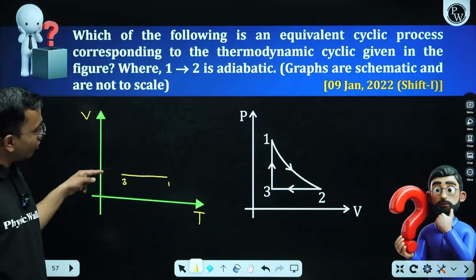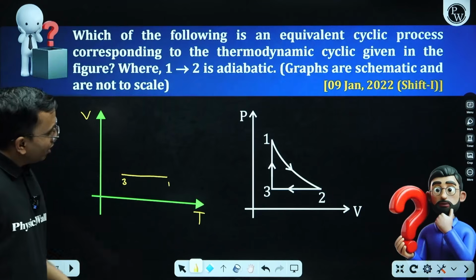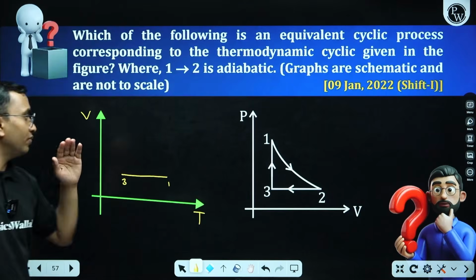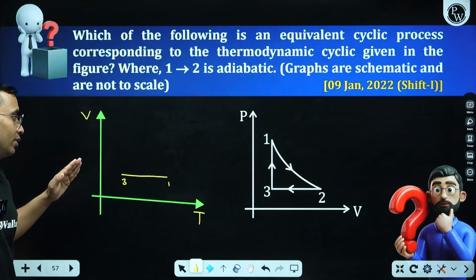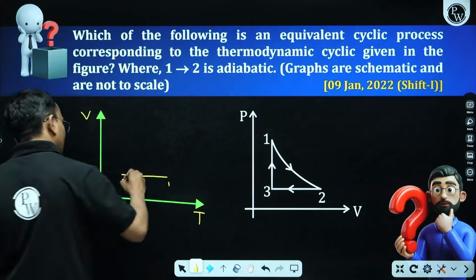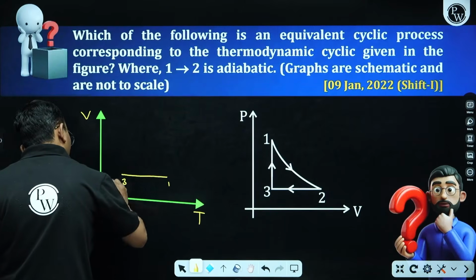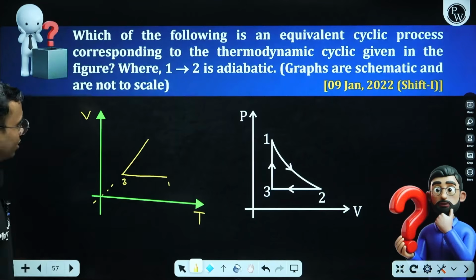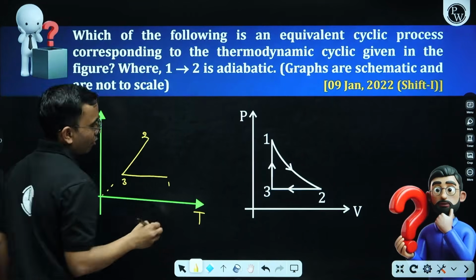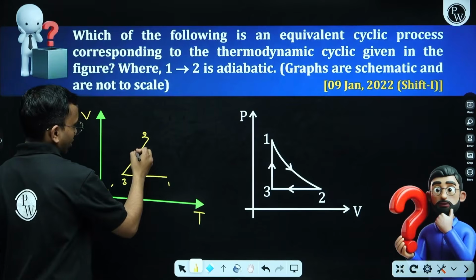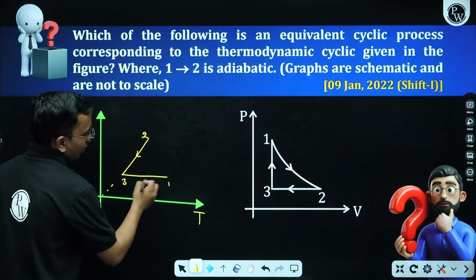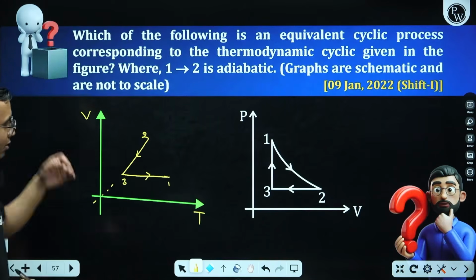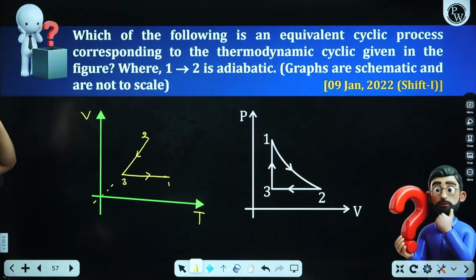Temperature is higher at 1, and from 1 to 3 the volume is constant. 3 to 2 the pressure is constant. If pressure is constant, the VT curve will be a straight line. So the process goes from 2 to 3 and then 3 to 1. And 1 to 2 is adiabatic.